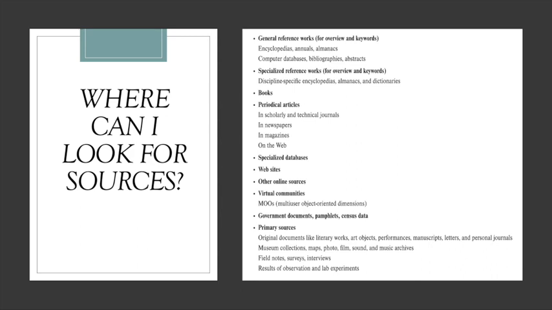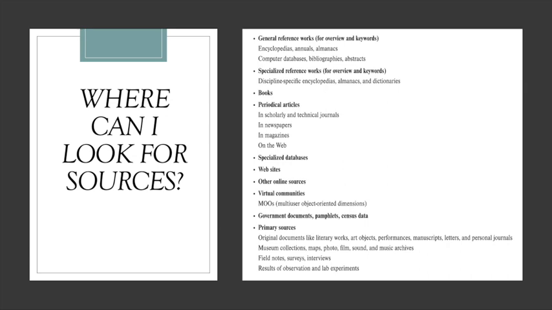So the next thing we want to think about is where can we look for sources? So there's a lot of different places you can look. What we want to do is narrow it just a bit because as you can see, there's a lot of different places you can look.